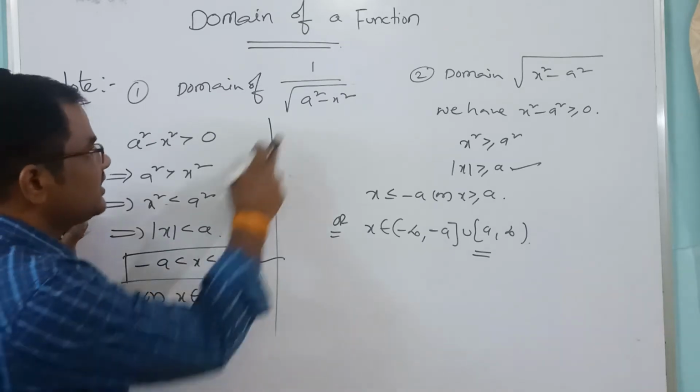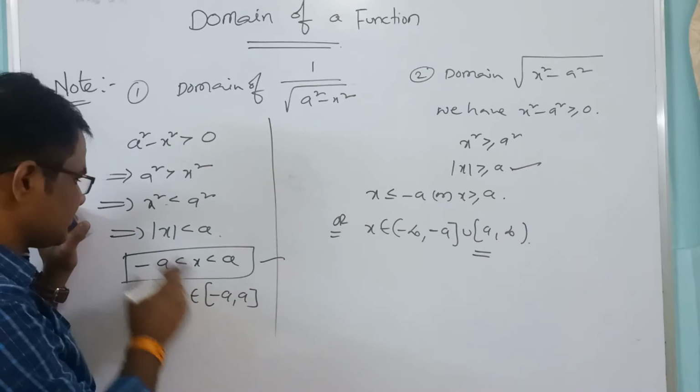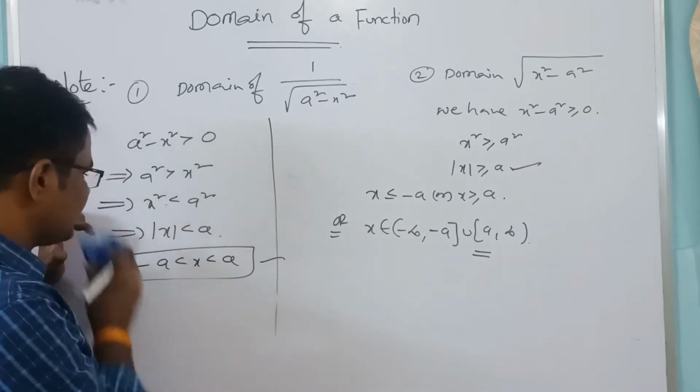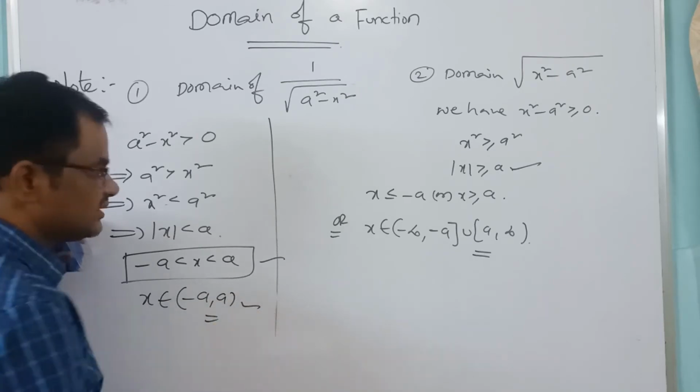If you take it equal to 0, a square minus a square is 0, and 1 by 0 is not defined. So that's why you will get only x belongs to the open interval minus a to a, right?